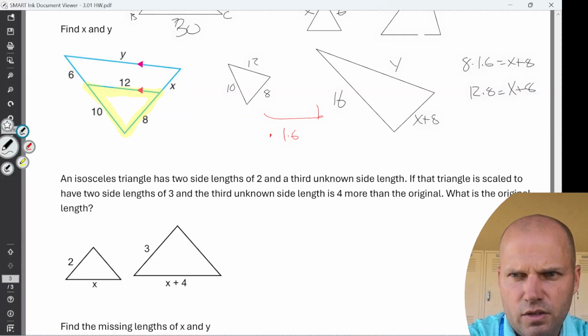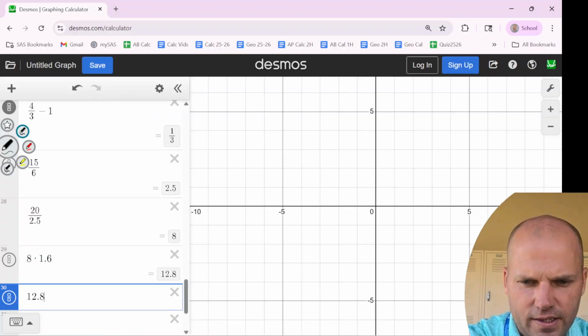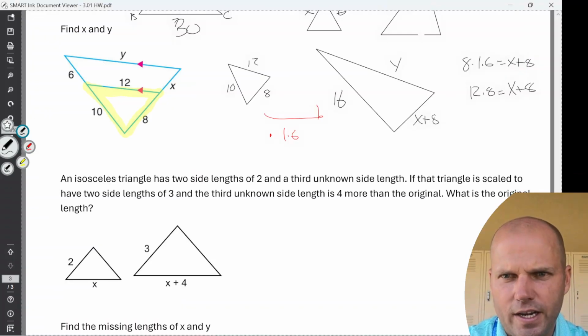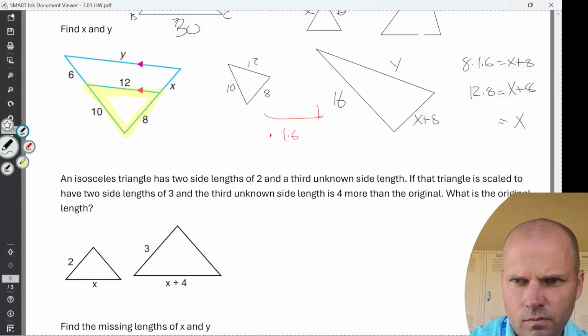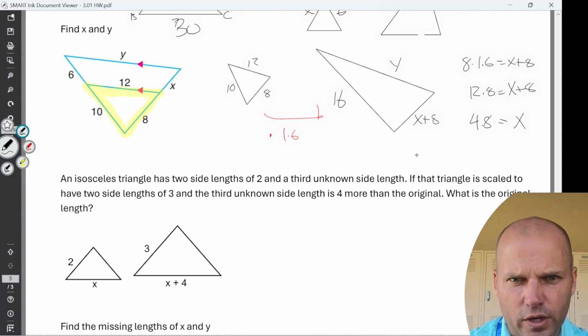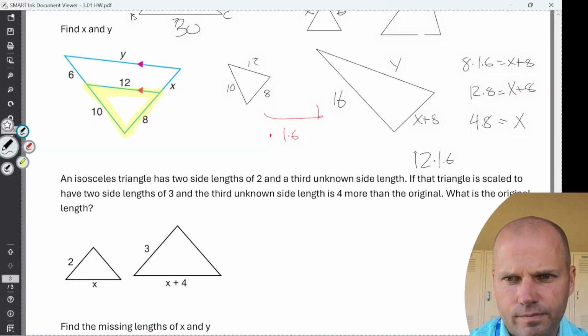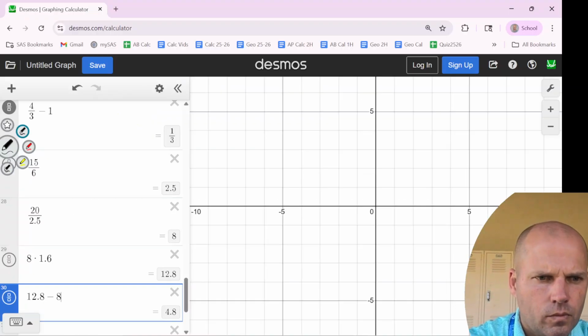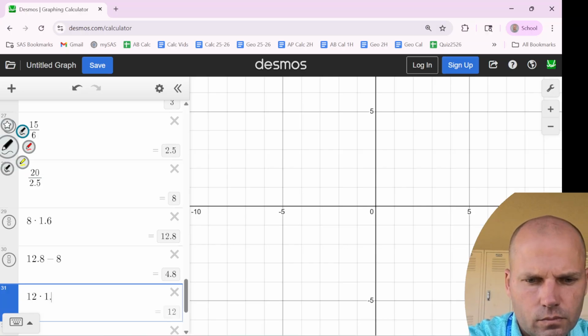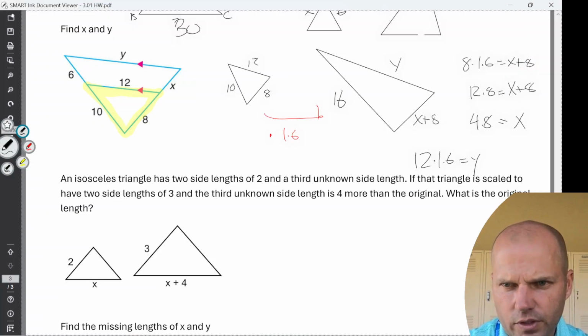So subtract 8 from 12.8, and I get 4.8 is x. And then I got 12 times 1.6 is y, which is 19.2.